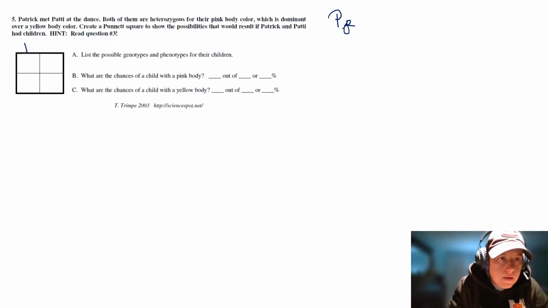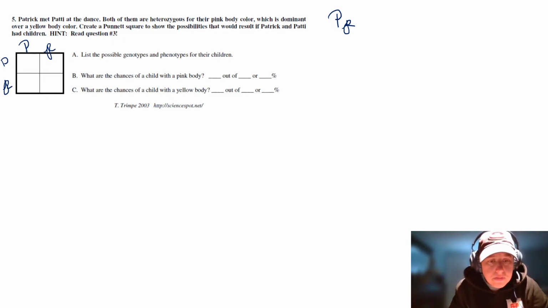Okay, so they're both heterozygous, so capital P, little p. And again, just like last time, this P goes in these 2 boxes. This P goes in these 2 boxes, so that's for the first person. Then this P, these 2 boxes, this P, these 2 boxes.